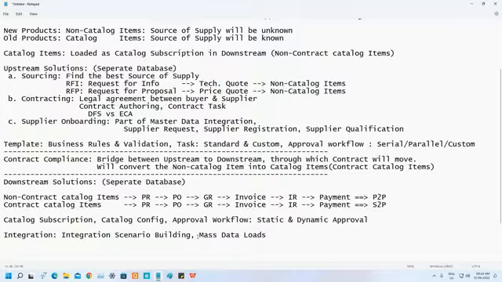Let's talk about commodity code. Please keep this in mind, which is very, very important.